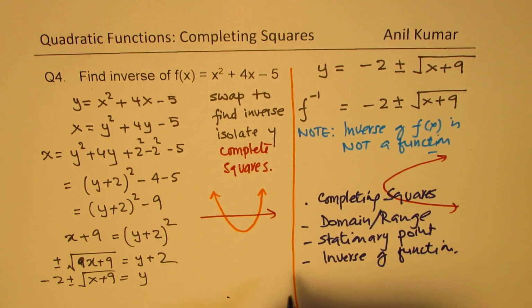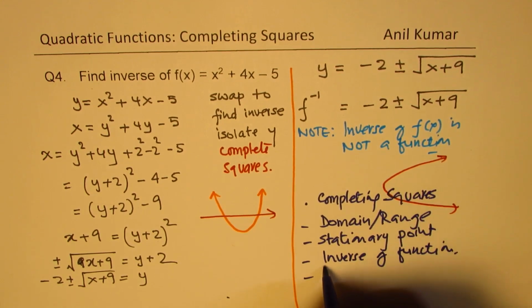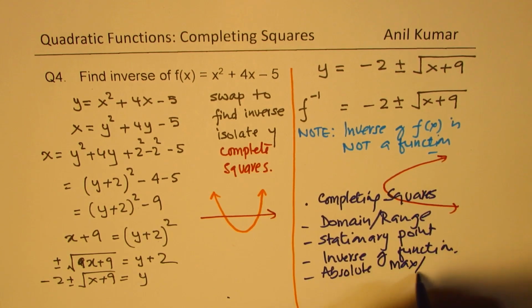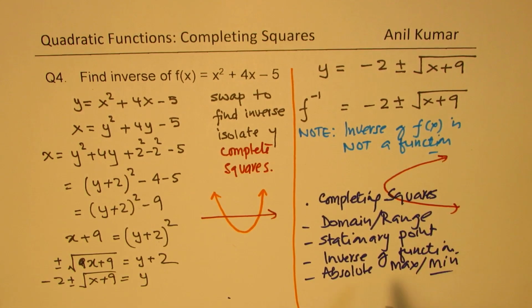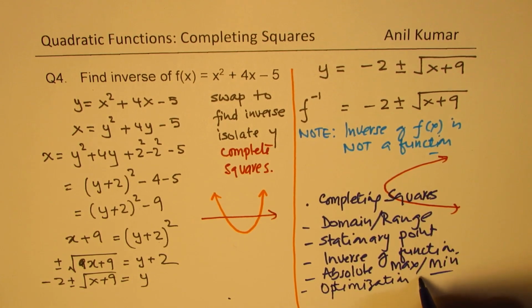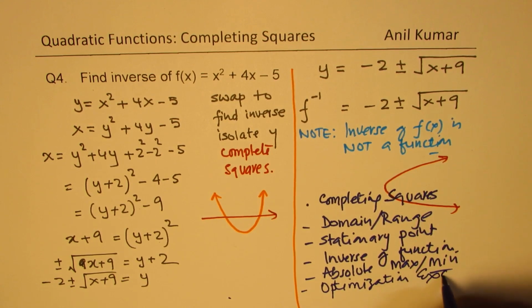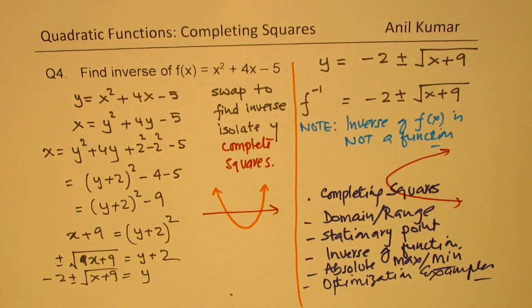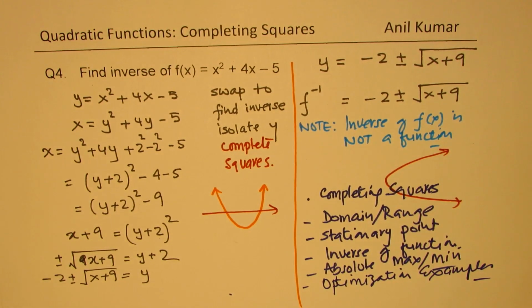Is that clear, right? And when we say domain and range, we mean absolute maximum or minimum value, right? So that means a whole lot of optimization examples will be solved using the method of completing the square. So it is extremely important. So I hope you understand its significance also. So I'll recommend you to master this technique.